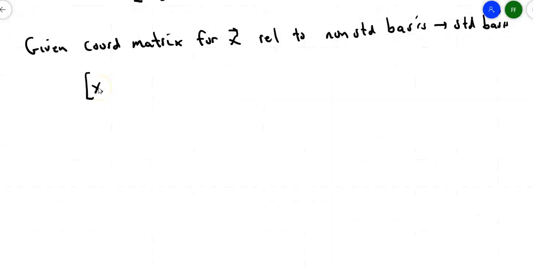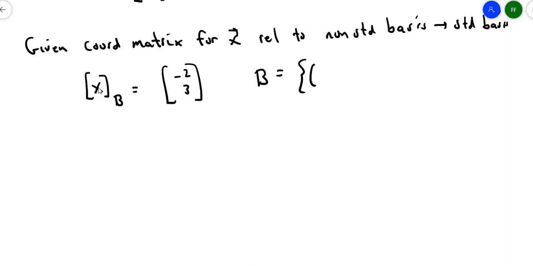The coordinate matrix of X relative to my non-standard basis is -2, 3. Now I need to define the basis, because remember, the basis is not the standard basis anymore. So here my basis is (-1, 4), (4, -1). Again, a reminder that this is a non-standard basis.